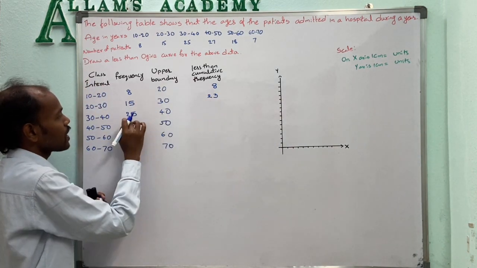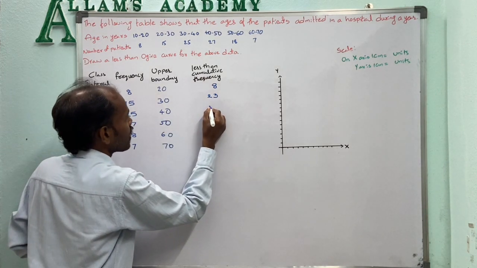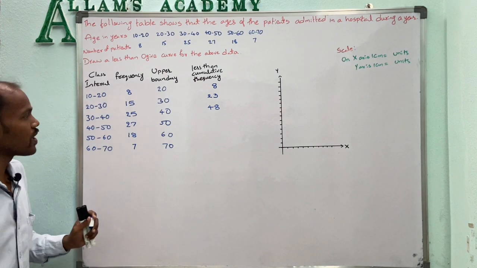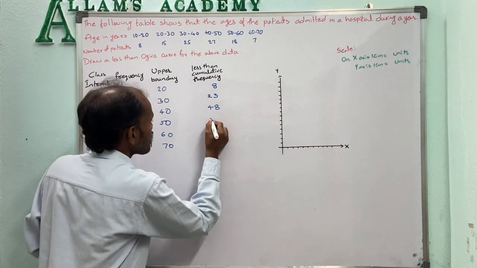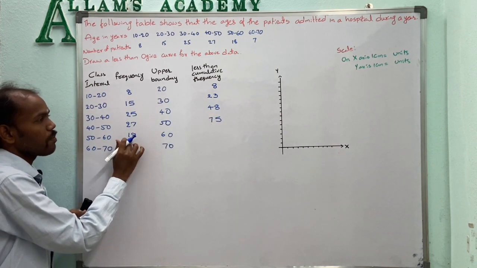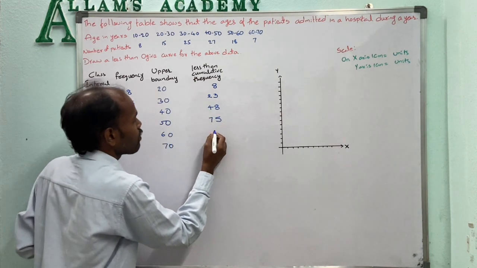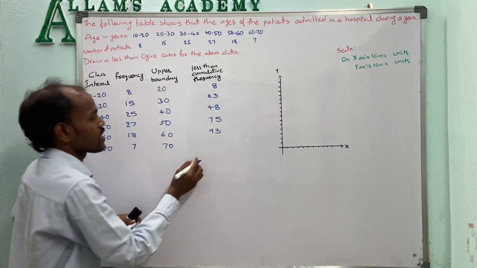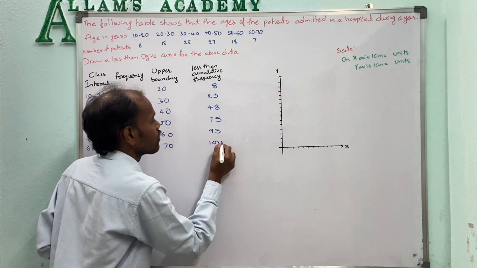Next, 23 plus 25 is 48. Next, 48 plus 27 is 75. 75 plus 18 is 93. 93 plus 7 equals 100.